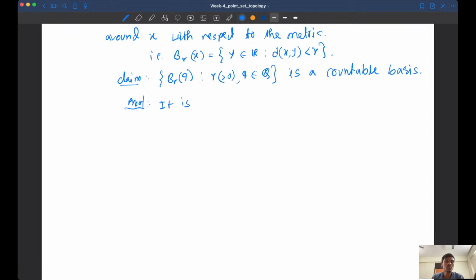So once you can prove that any ball can be written as a union of these rational radius balls with rational centers, then you are done.